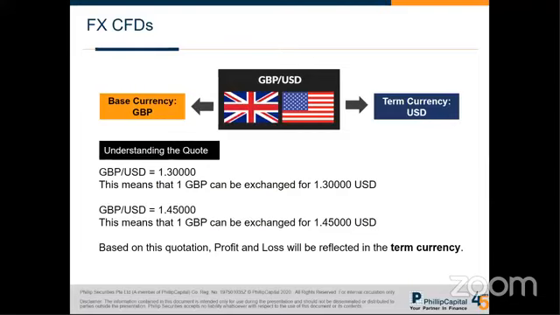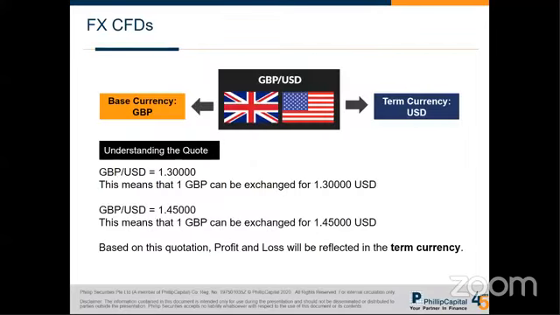So in the event the quote goes up, if you're in the long position, then the price becomes 1.45, which means that £1 can be exchanged for 1.45 US dollars, which means that the British pound strengthens or the US dollar weakens. Based on the quotation, the profit and loss will be reflected in the term currency.